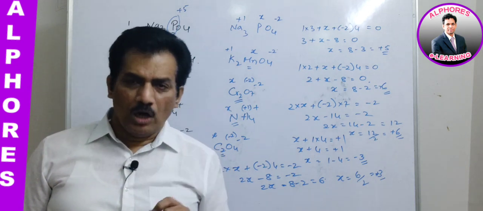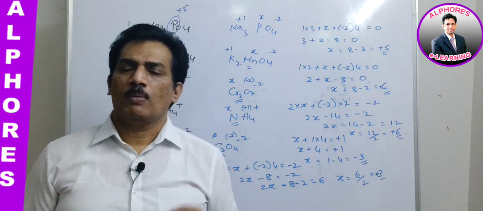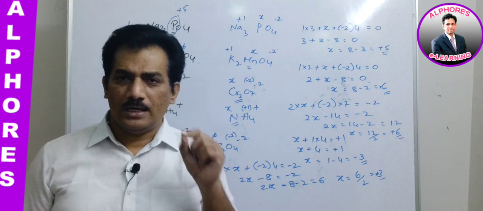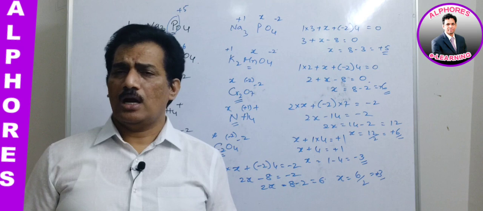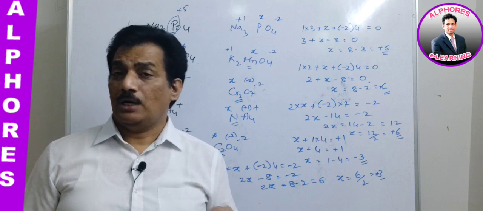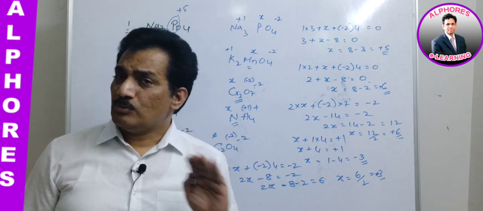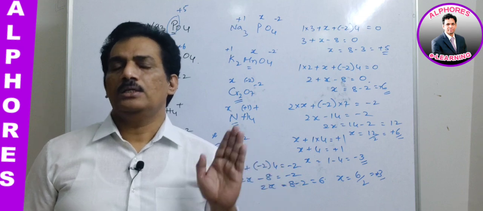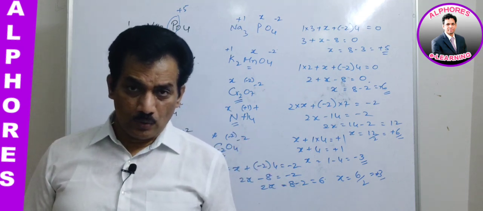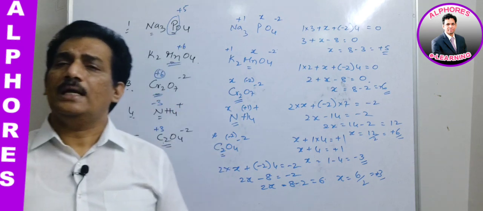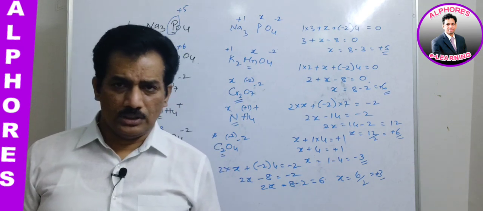So in any molecule or chemical species, only one element may be unknown. That element may have one or more atoms present, but the unknown atoms should not be from different elements. In such a case, if the other elements' oxidation states are known to us, then we can get the unknown element's oxidation state.